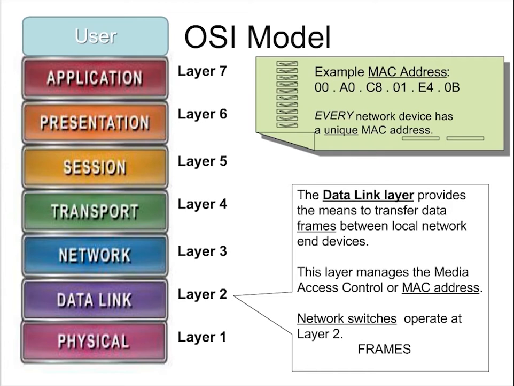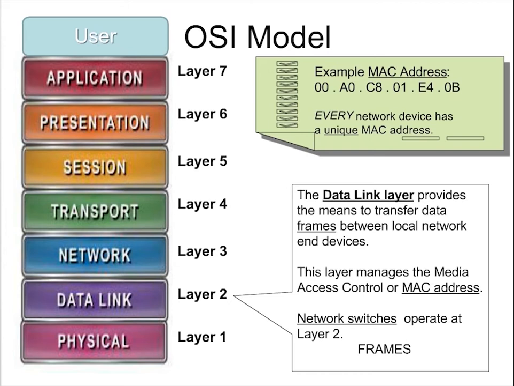And you'll see an example there in the green box of a MAC address. Now, let me tell you, every network endpoint ever made, everyone on the planet now, and everyone that ever will be made, has to have an absolutely unique MAC address. And you may think, well, how is that even possible? Well, it is. We worked out a system so that we can make sure that every single end device on planet Earth has an absolutely unique MAC address.